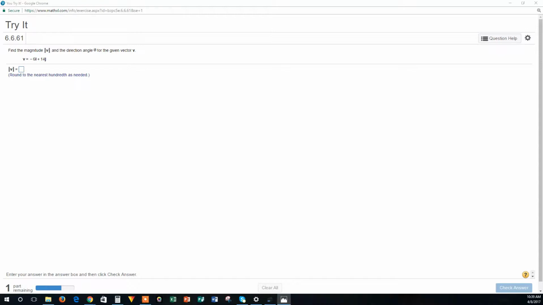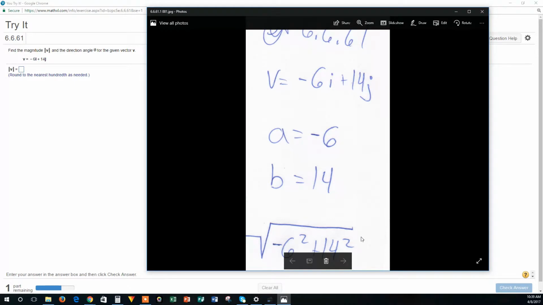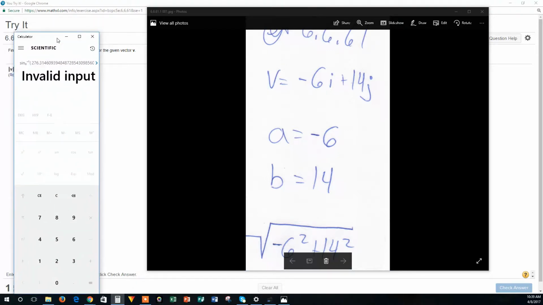It's a pretty simple formula. So we put that into the formula, negative 6 squared plus 14 squared. You just use your calculator, one on your computer or wherever else you might have one.